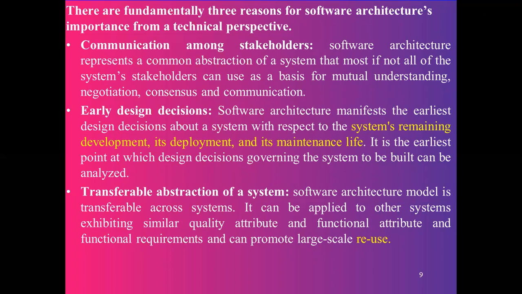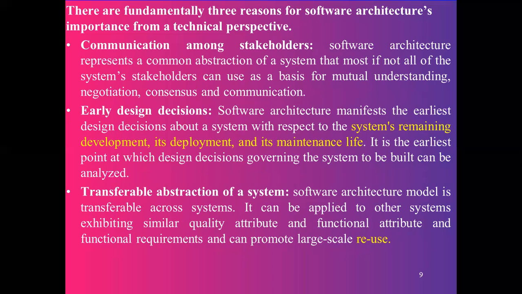The next one is transferable abstraction of a system. Here, the software architecture model is transferable across systems. That means we are going to reuse some modules, their functional attributes or their functional requirements. We are going to reuse that abstraction of that function.